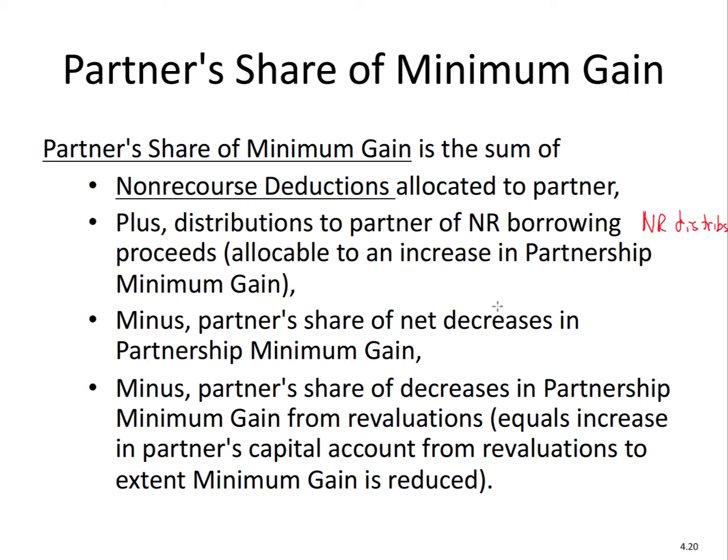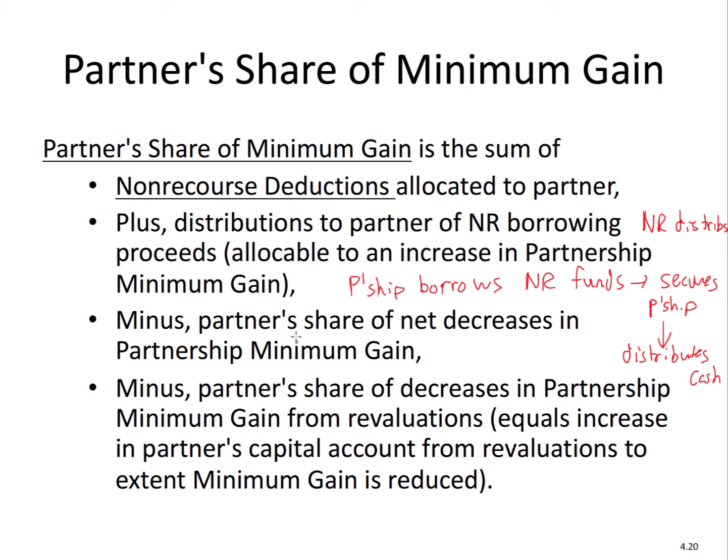Usually this happens when a partnership borrows non-recourse funds, just cash, and secures it with property the partnership has. Then the partnership distributes that cash to the partners. That amount is considered a non-recourse distribution to the partner. That increases the share of partnership minimum gain.